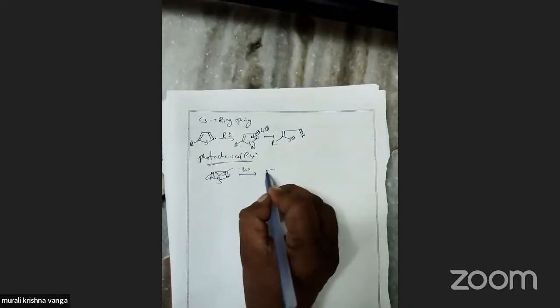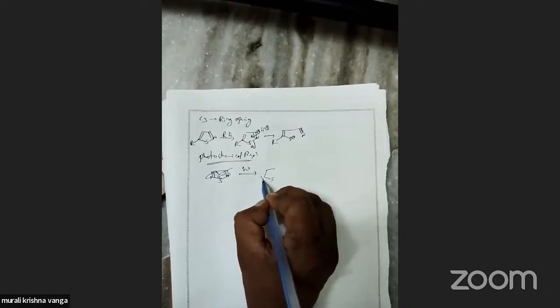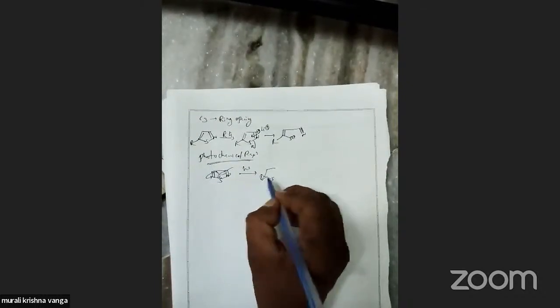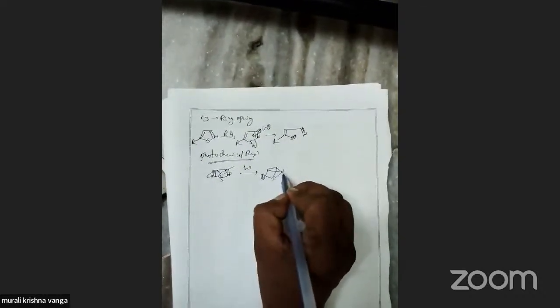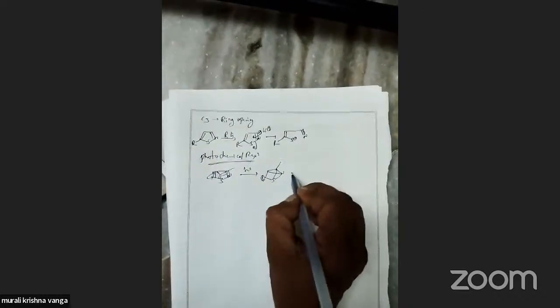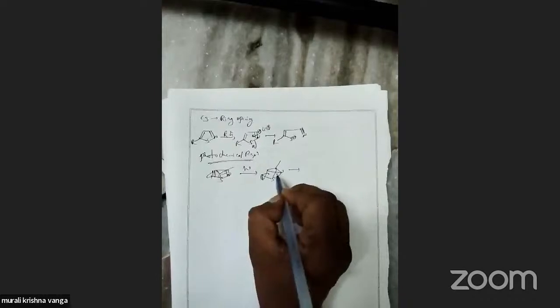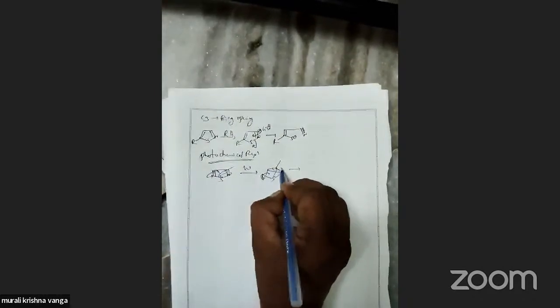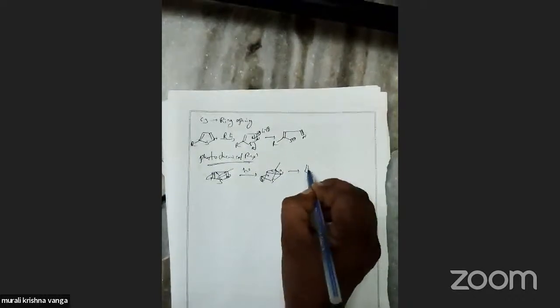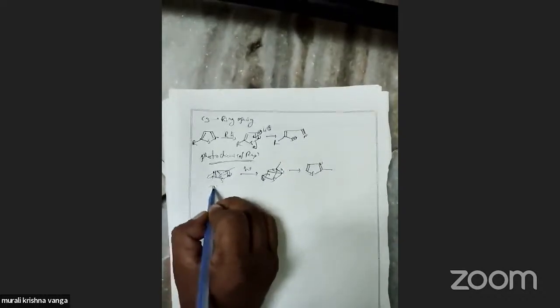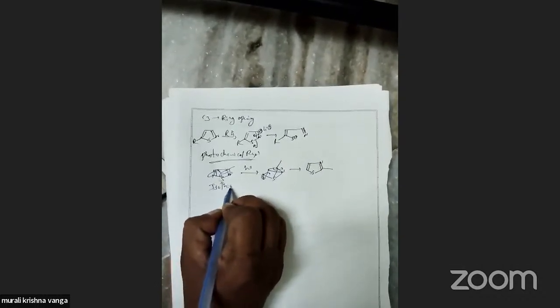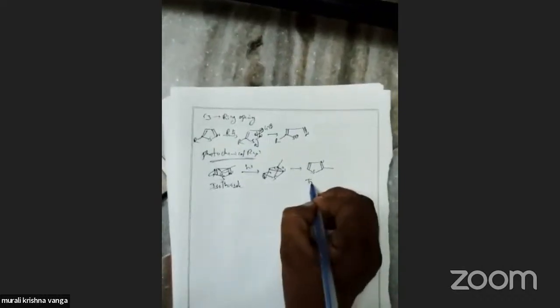Then charges appear, and the ring opens. The product is thiazole, so this is isothiazole to thiazole. Next one is thiazole.